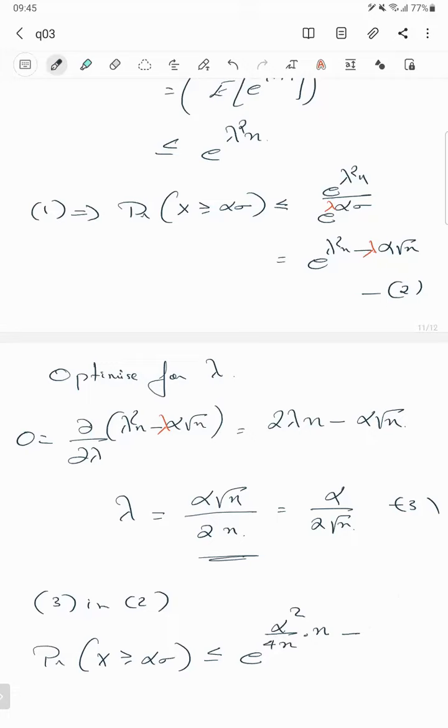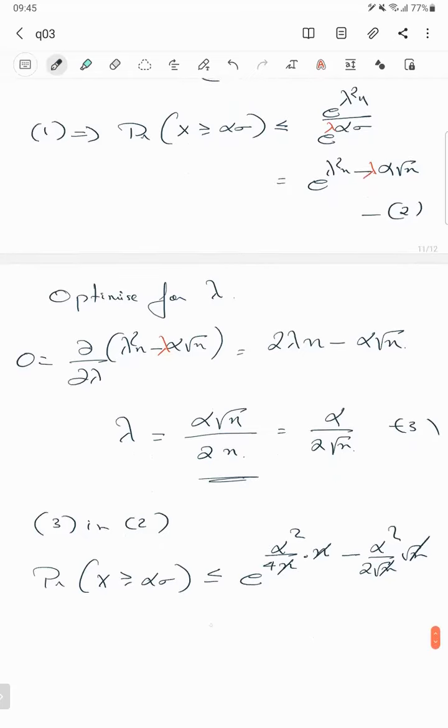So lambda alpha is alpha squared by 2 root n, and there is a root n. Root n goes, n goes, alpha. So this is equal to e raised to alpha squared by 4 minus alpha squared by 2, which is equal to e raised to minus alpha squared by 4, right?